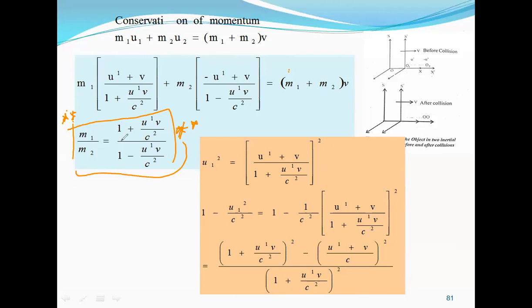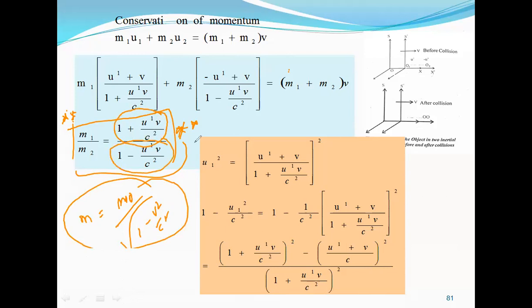The next task is how we get these terms. Our aim is to get this equation: m is equal to m naught over the root of 1 minus v square by c square. How do we get that? We have to find this term separately and this term separately.